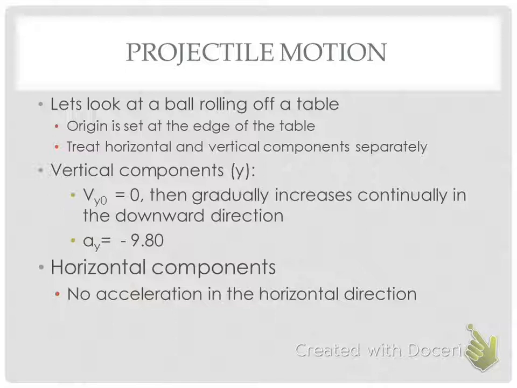Things don't randomly speed up or slow down in the air if we exclude air resistance. So horizontally, we have no acceleration for projectile motion, ever. Acceleration in the horizontal direction is always 0.